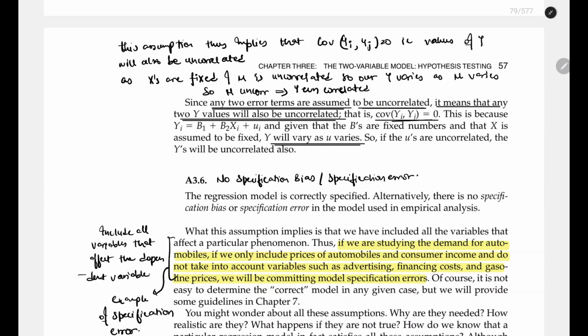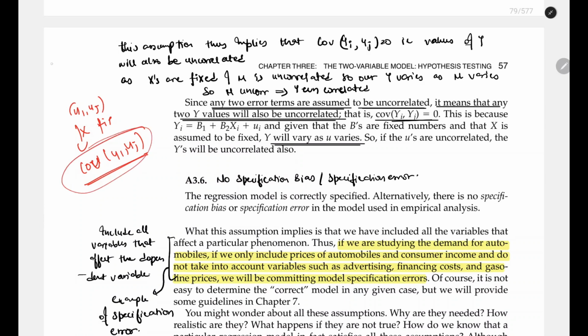Now, because our error terms are uncorrelated, that is, ui and uj are uncorrelated, and our x values are fixed, it will imply that the covariance of yi and yj is also zero. That is, it is also not autocorrelated.